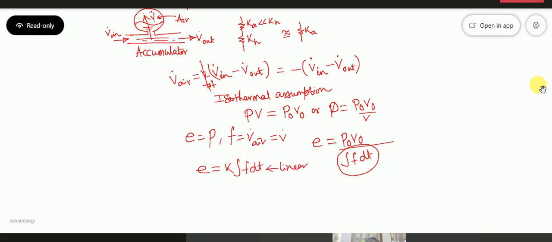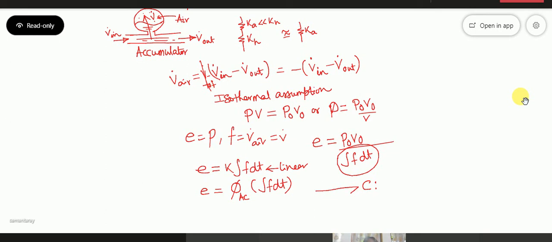Here we have a relation where E is some function, let's say some kind of hydraulic or accumulator function, of the integration of F dt. So this is a nonlinear relation, and it will be shown by the same C, but here we cannot write any parameter because it's not a linear thing.